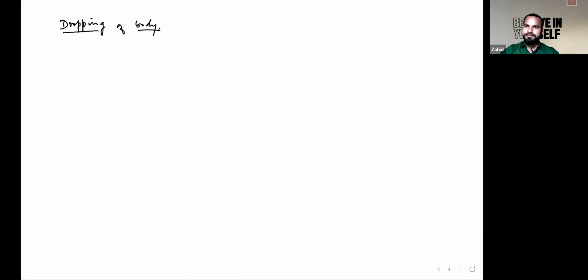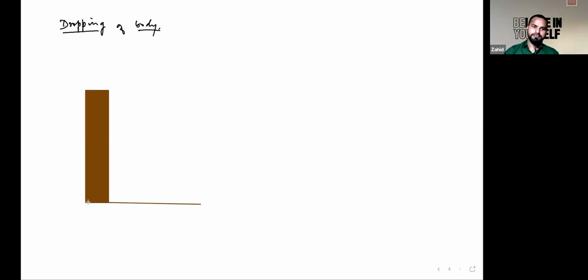So let's say there is a building. This is the ground. If a body is dropped from this point, it is just dropped from this building.